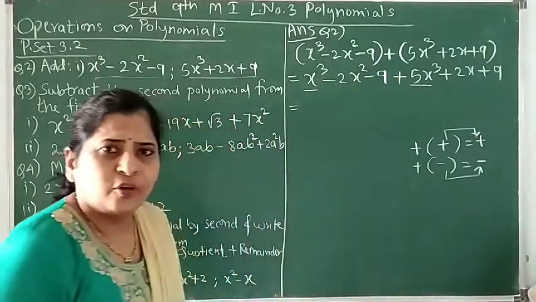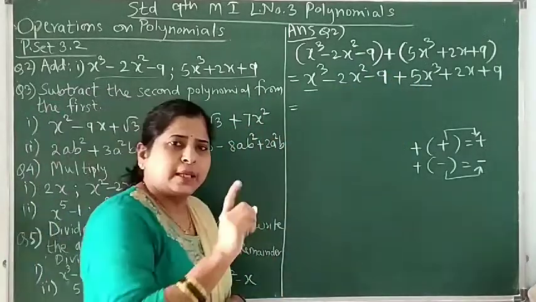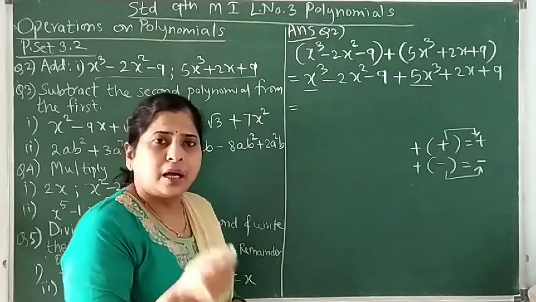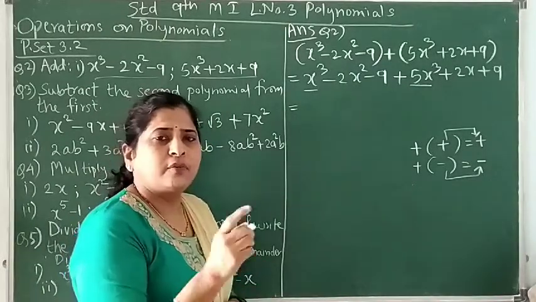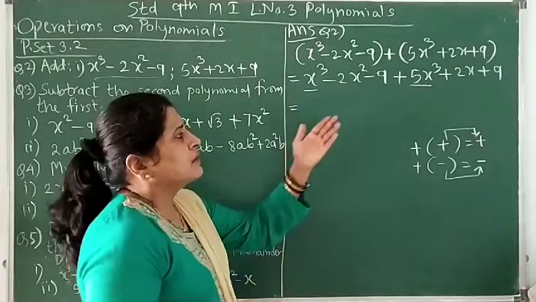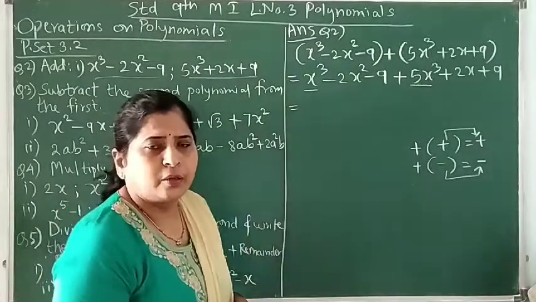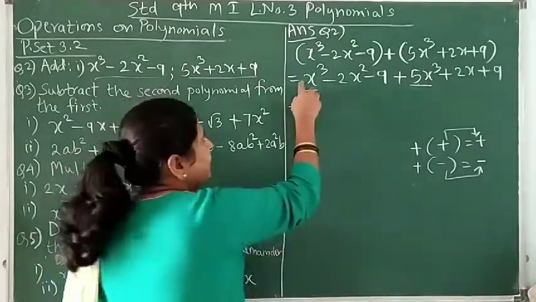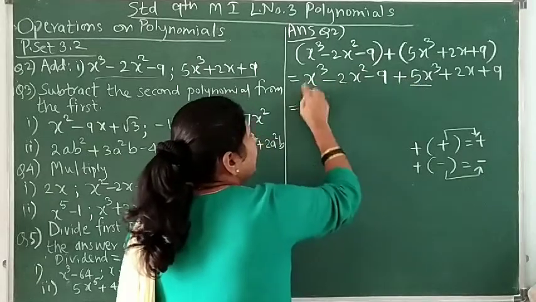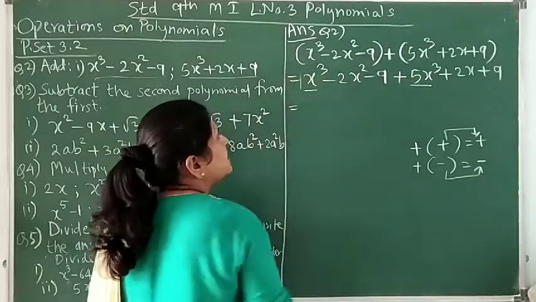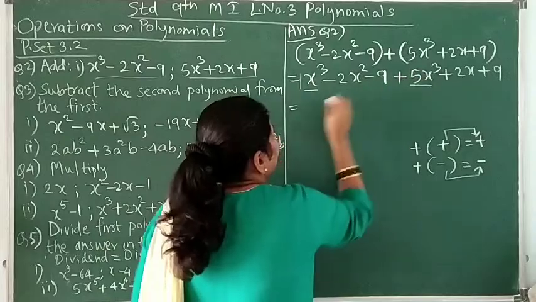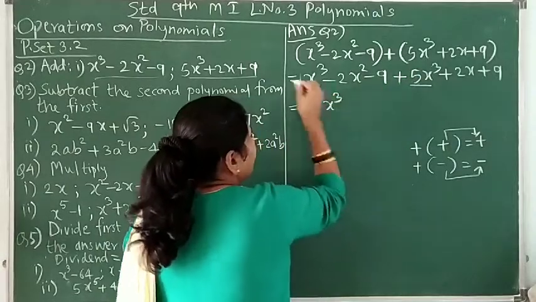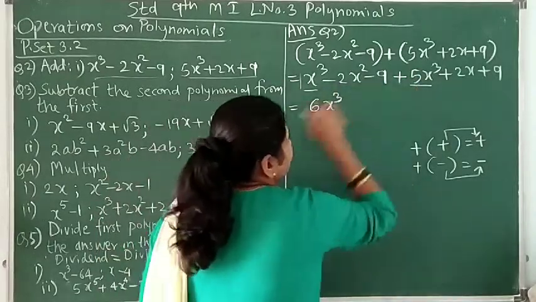If you have the same sign, you add the coefficients and keep the common sign. Both signs are plus, so we add. Here there is no coefficient, which means it is 1. So 1 plus 5 gives 6x cubed. This is the addition of these two terms.